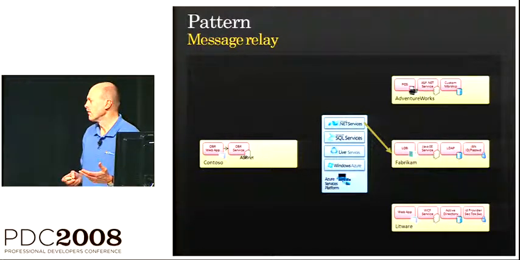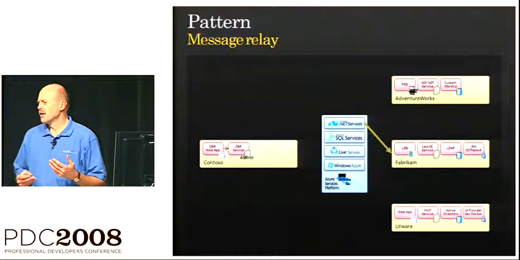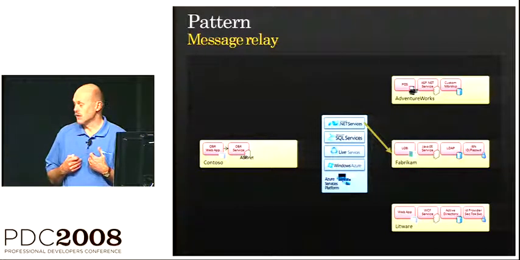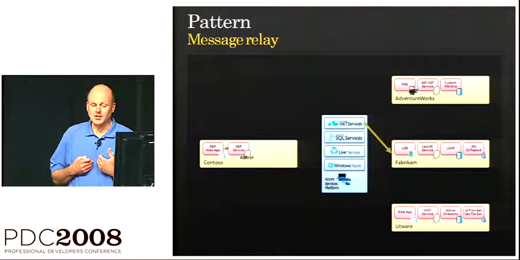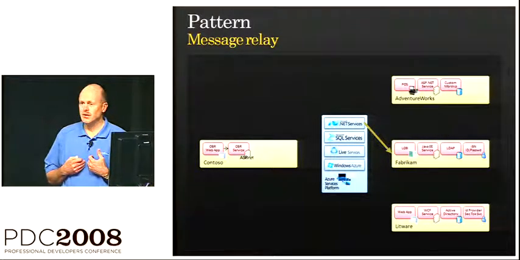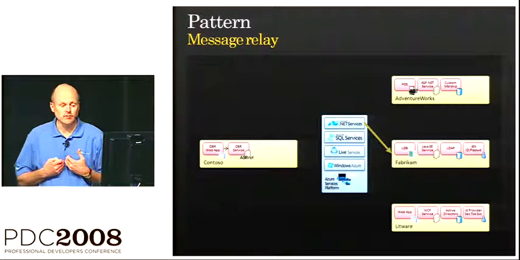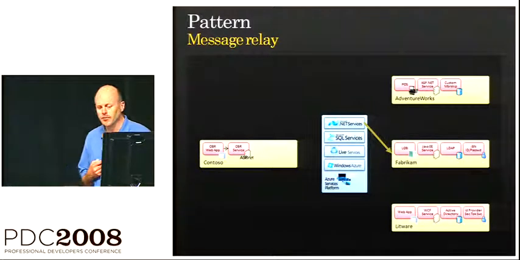I essentially have a level of indirection. This makes it easy for me to find that partner and to authenticate that I can send them a message which they're going to be willing to receive. And all of that is done in a very simple manner via configuration.